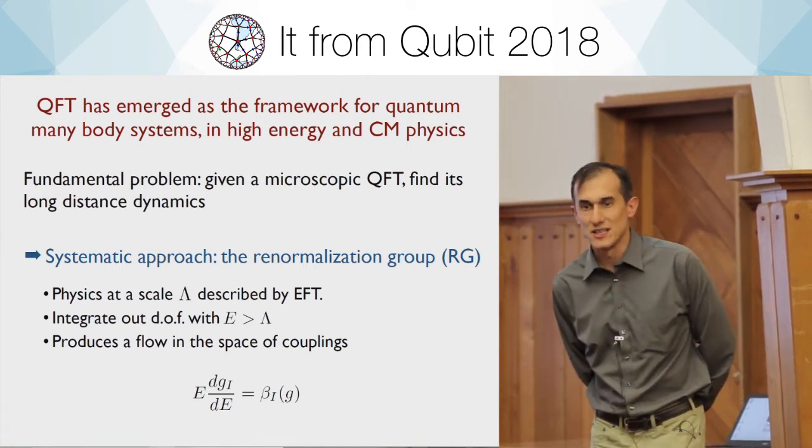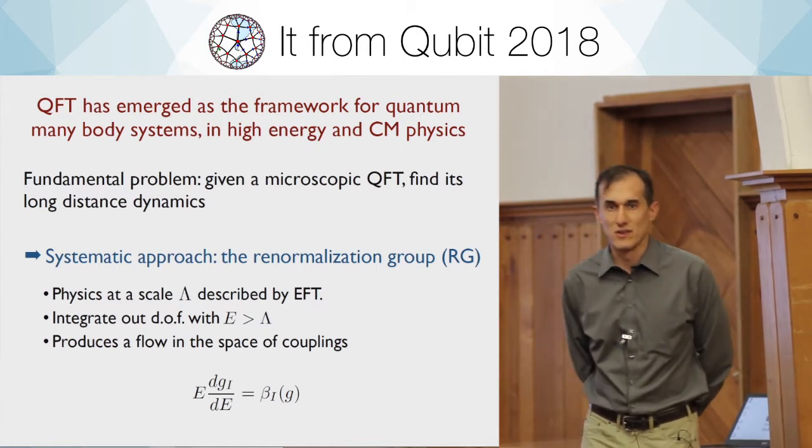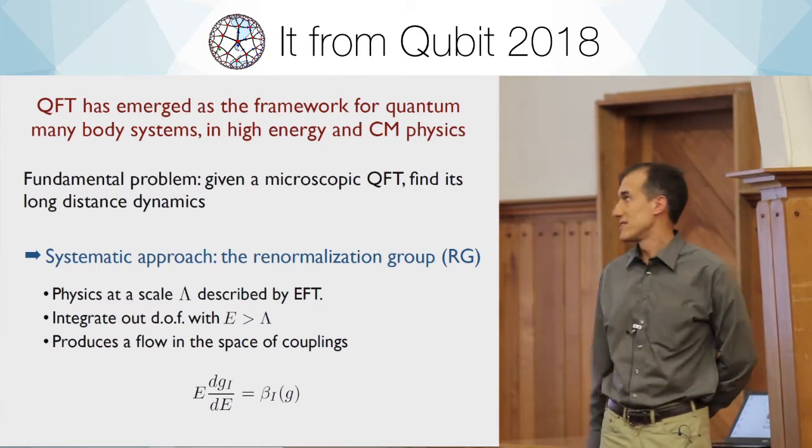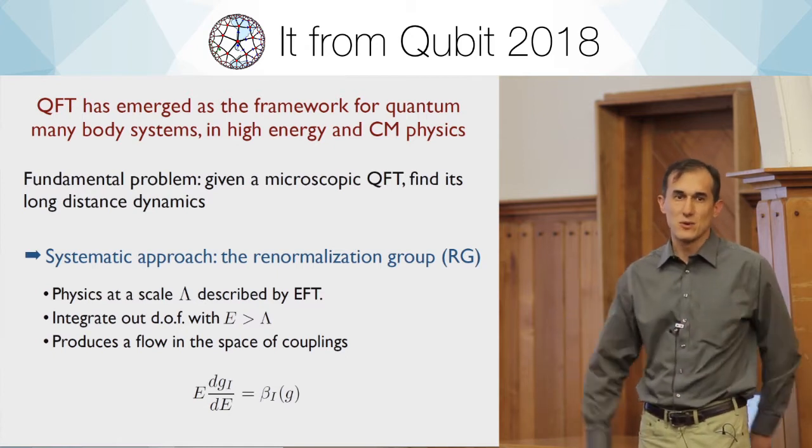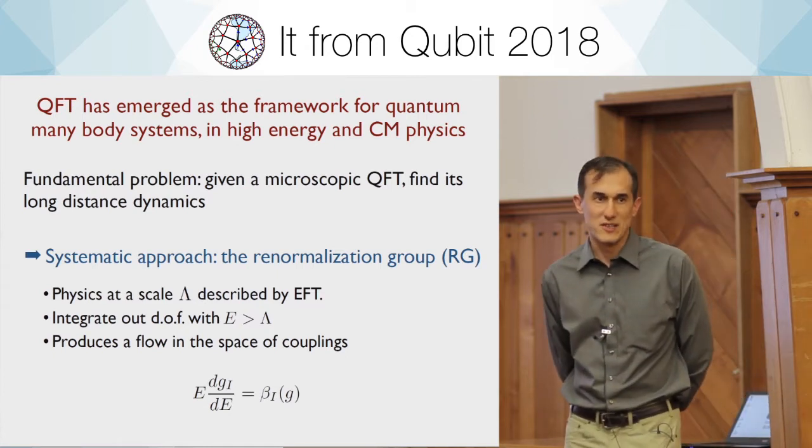That effective field theory is obtained by integrating over degrees of freedom with energy above the scale you are interested in. And these theories at different scales are related to each other by a flow in the space of couplings.